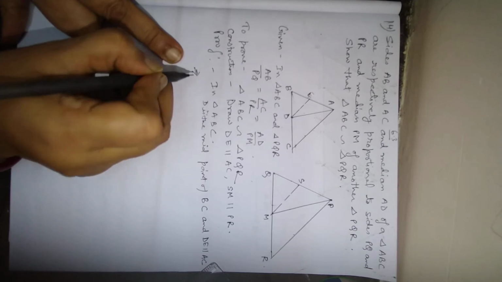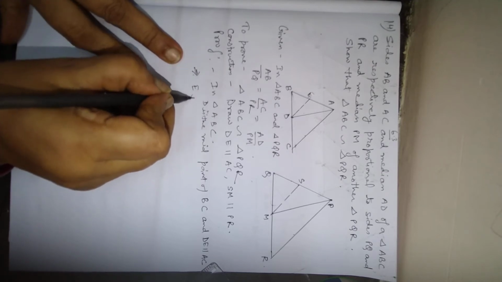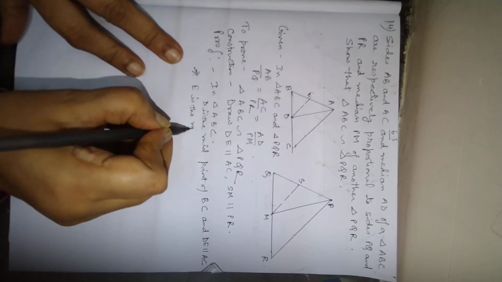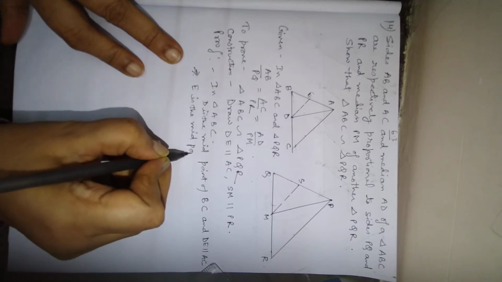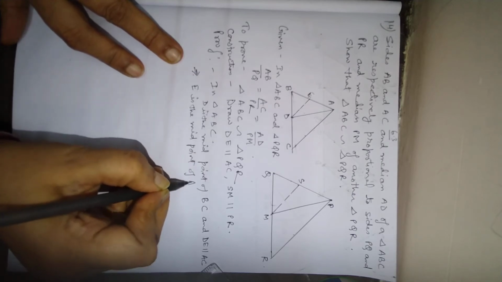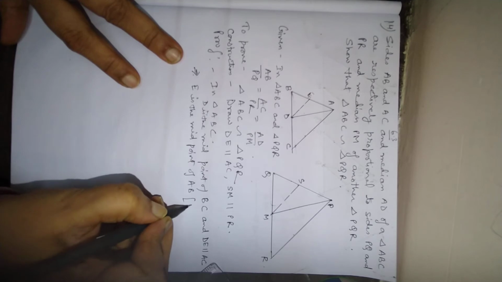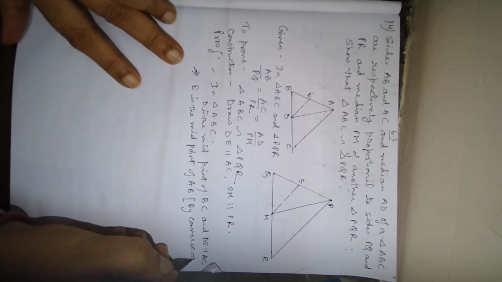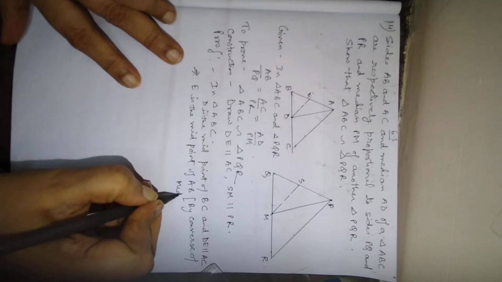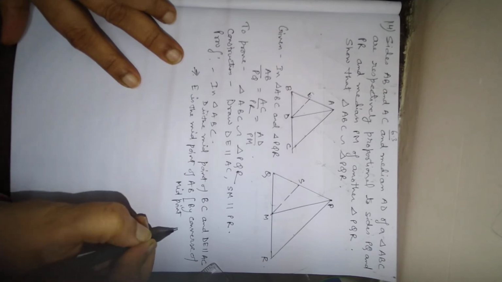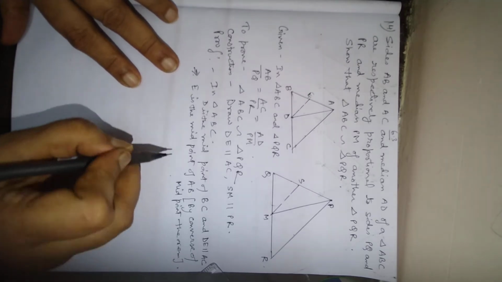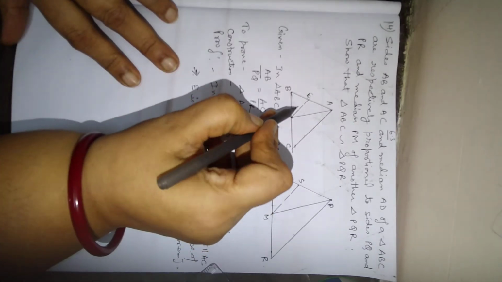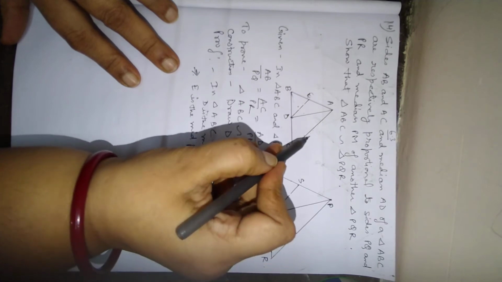So this implies E is the midpoint of AB by converse of midpoint theorem, that you have studied in class 9th, as well as ED is half of AC.